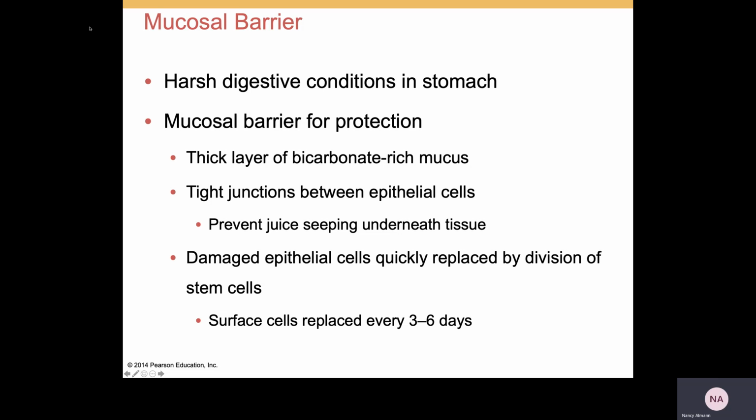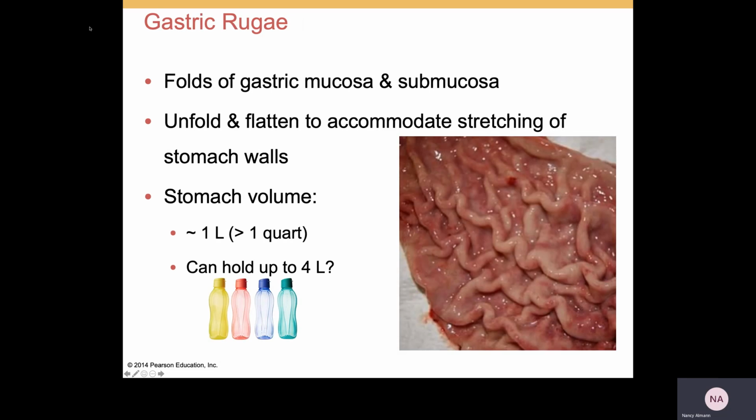In between the epithelial cells, you're going to have tight junctions, which prevent the movement of material between those cells. In addition to that, the turnover of epithelial cells is going to be PDQ, pretty darn quick. So within once or twice a week, the surface cells are going to be replaced. So probably a couple of times a week, you have new cells lining your stomach and in your gastric glands.